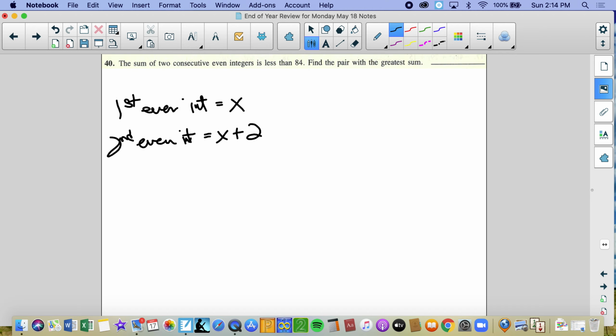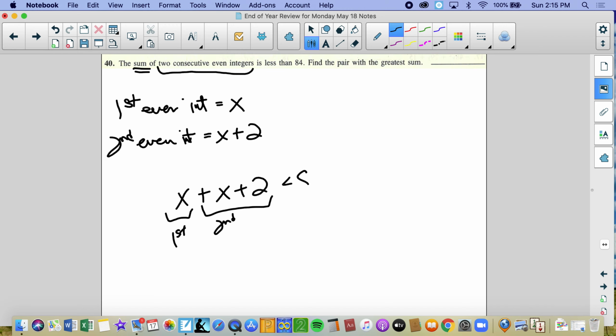So when we say the sum of 2 consecutive even integers, we're going to add the first even integer to the second even integer. So that's going to be x plus x plus 2. This represents the first, this represents the second consecutive even integer. Is less than 84. So there's my starting inequality.